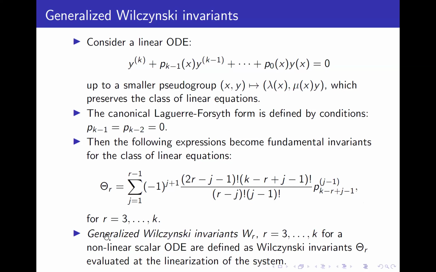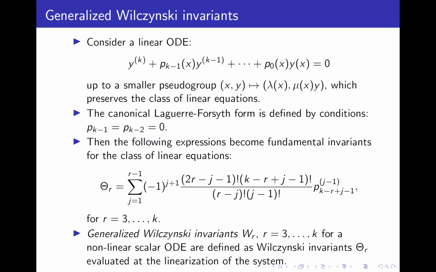So what was new? We discovered that the same thing allows us to construct invariants for nonlinear ODEs by just evaluating these expressions on linearizations along all solutions. Essentially, our equation as a manifold is foliated by solutions.